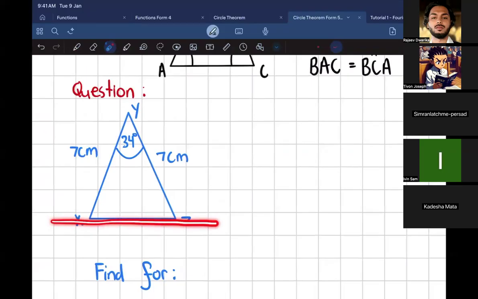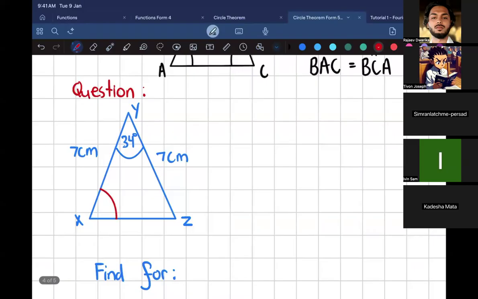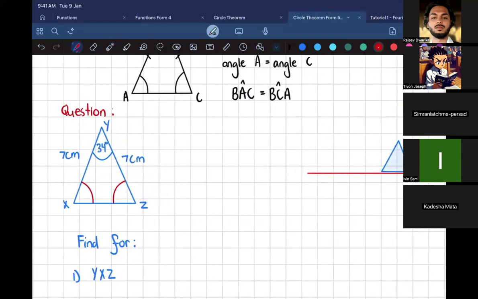The triangle would stand on which side? XZ. Correct, XZ. So the base angles would be here and here. Yes or no? Cool. So you're with me so far. I didn't lose you yet.